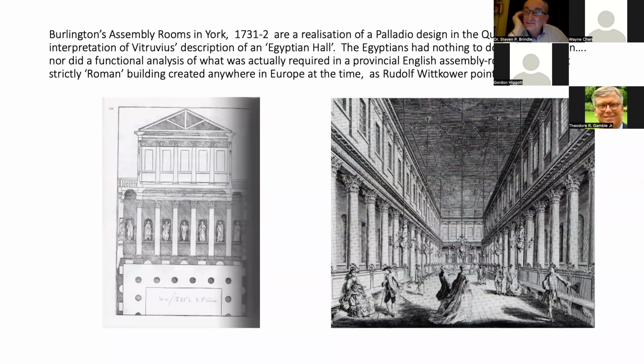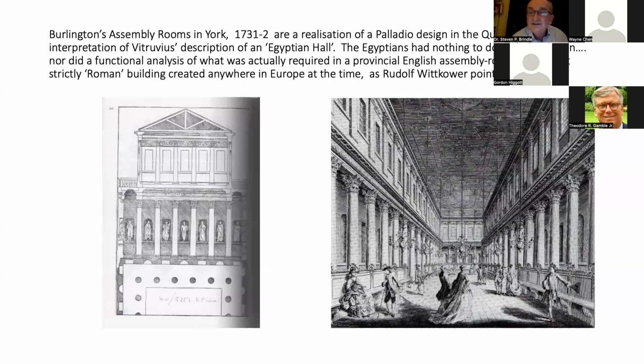Lord Burlington was asked to design an assembly room in York by the good burghers of that city in 1731. And rather than starting with an analysis of what an assembly room actually needs to be, he saw it as an opportunity to realize an ancient design, in this case, Palladio's design for an Egyptian hall.